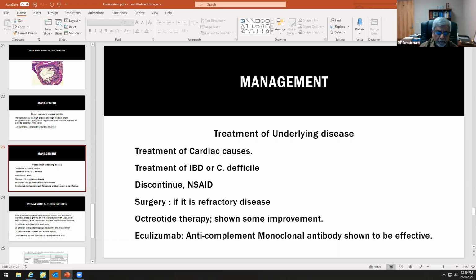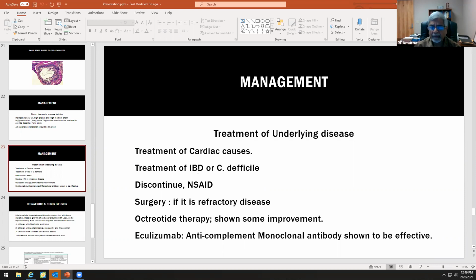You just need to live with it. You're managing the condition, so you're mostly relying on your diet changes rather than underlying pathology treatment.